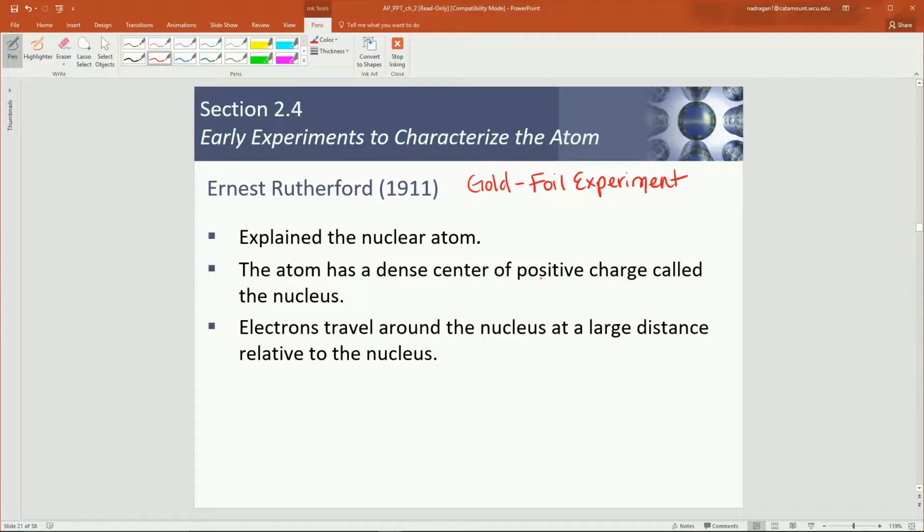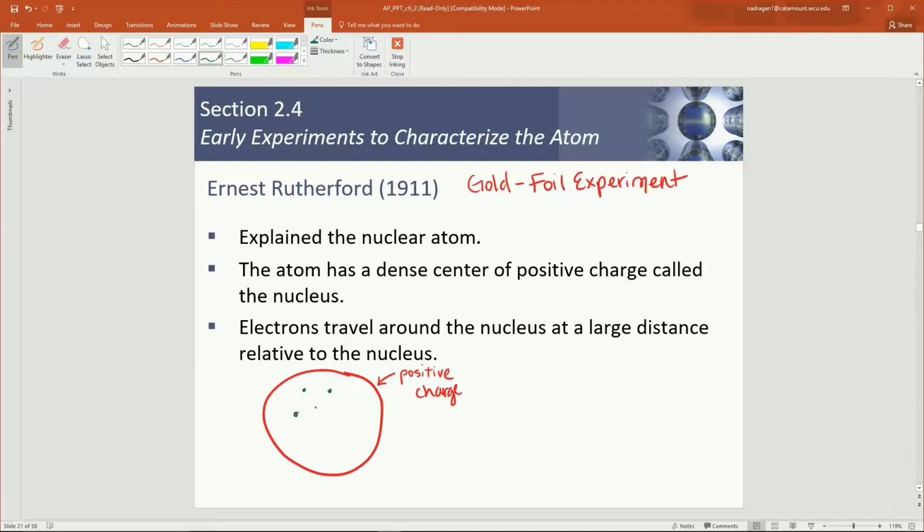Thomson hypothesized that the atom would look something like this. If we draw a circle, he thought that this circle was a diffuse positive charge. So this entire area was just positive charge to offset the negatively charged electrons.